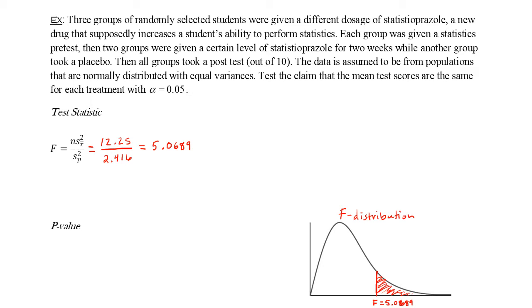And remember, this is kind of telling us a couple of things. On the top, it was what we call the mean square factor, which was the variance between the samples. And then below it was the variance within the samples.